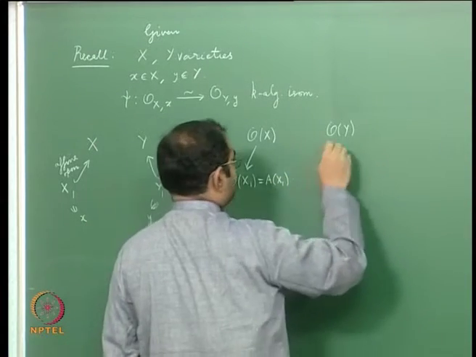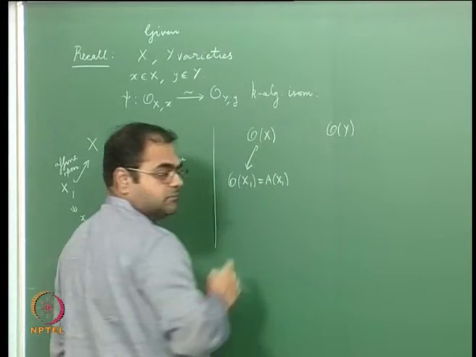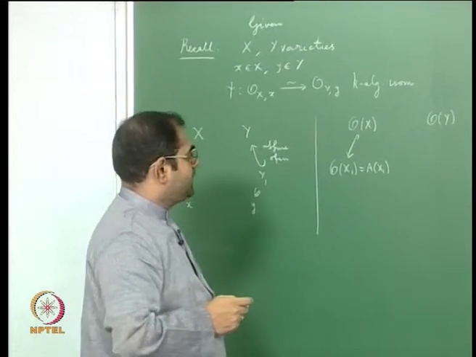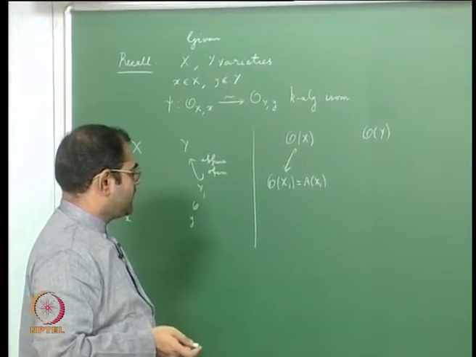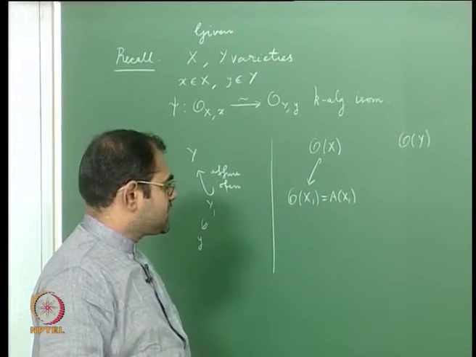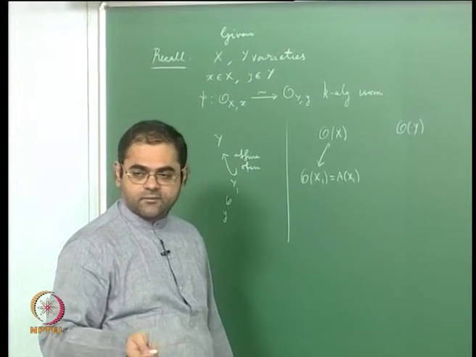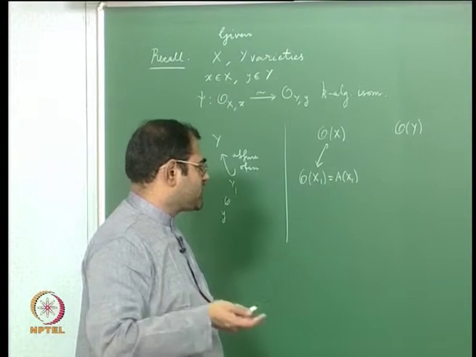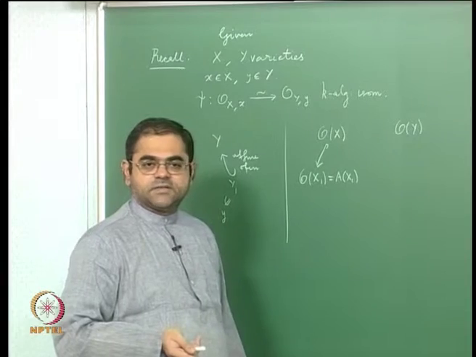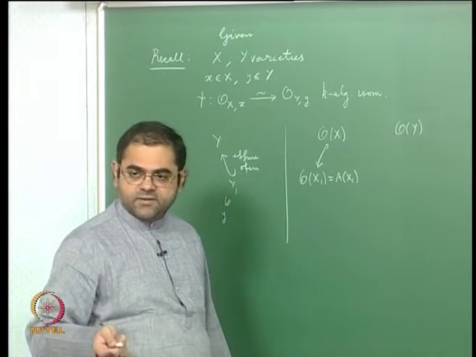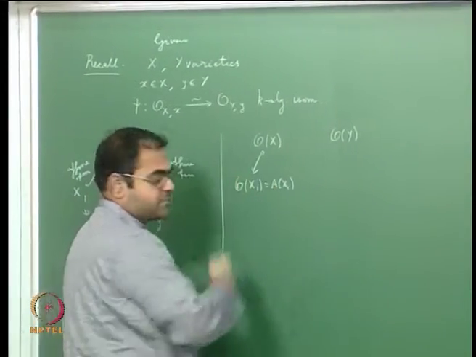And of course this is an inclusion, because if a regular function is 0 on a proper non-empty open set, then it is 0 everywhere. Another way of saying it is that if two regular functions coincide on a non-empty open set, they coincide everywhere. That is the reason why this map is injective.